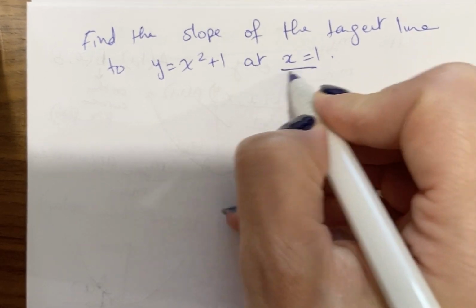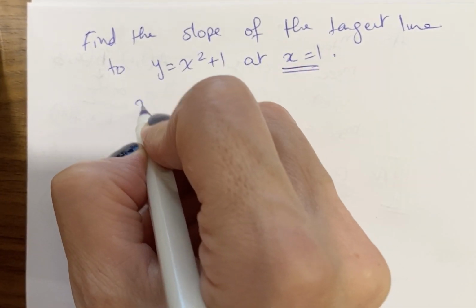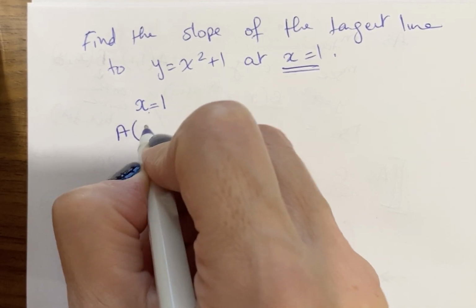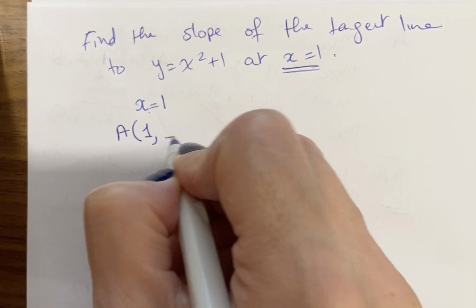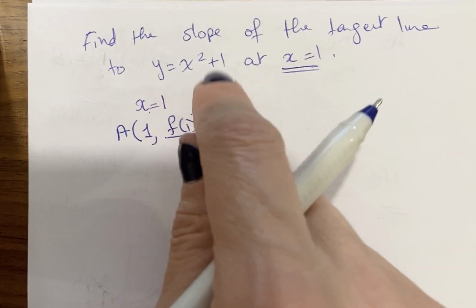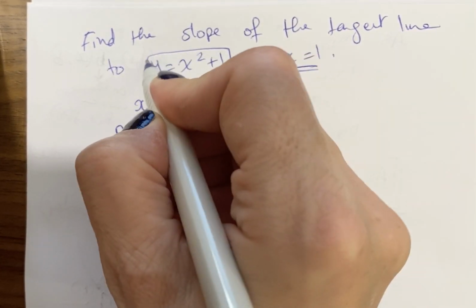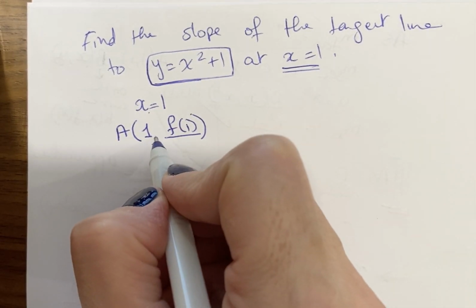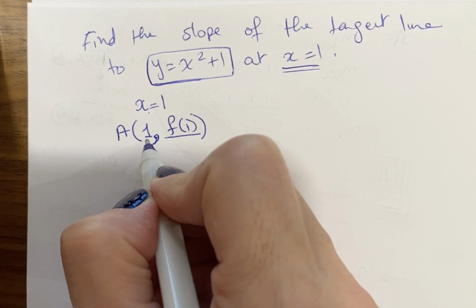What is the point we are studying? The point we are studying is x equals 1. So what does the point look like? x is equal to 1, y is equal to f of 1. This is the function we are studying, evaluate that one. So if you want to start, you can always start by saying 1 and f of 1.